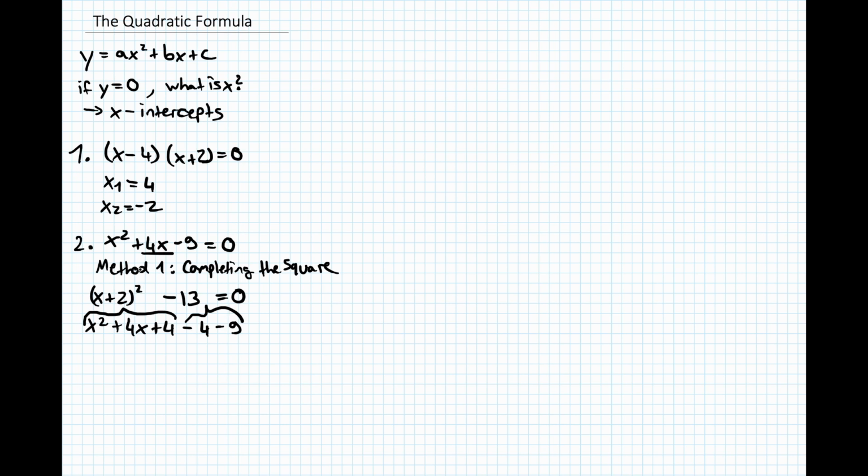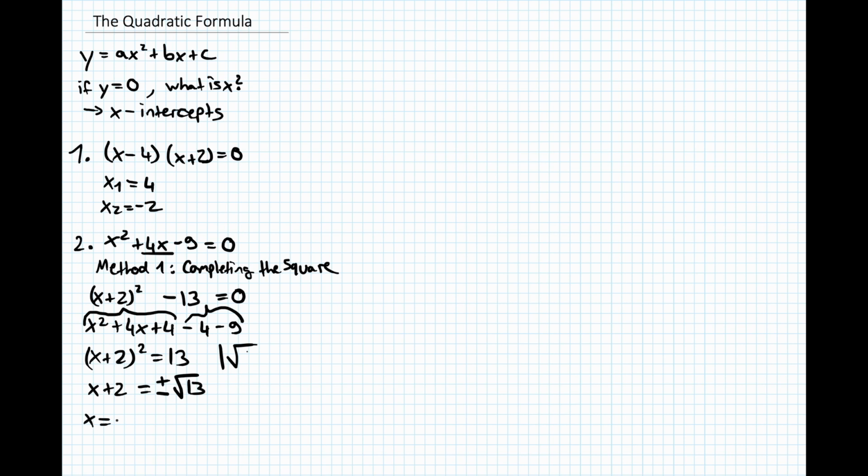So now in order to solve for x, we just add 13 on both sides. We'll be left with x plus 2 all squared equals 13. Now take the square root of both sides. So x plus 2 is equal to, and now in this one here you have to be careful, because if you take the square root, our answer can be positive or negative square root of 13.